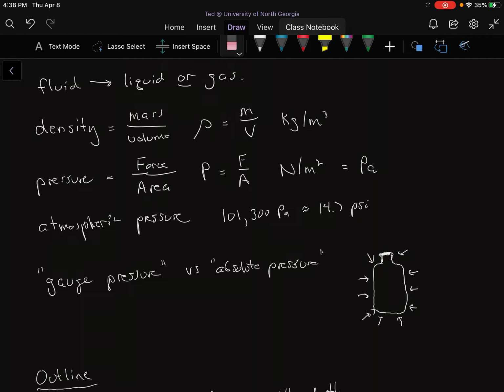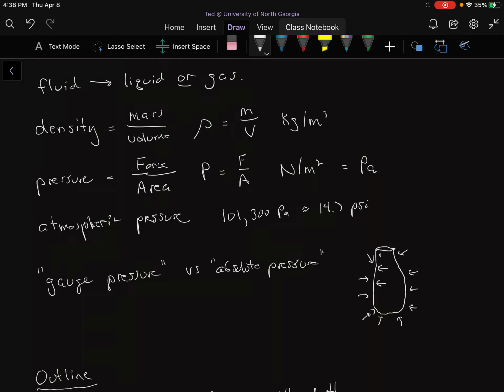And the last thing I want to talk about as a definition is the idea of gauge pressure versus absolute pressure. Now, let's go back to opening this little container so that we've got air on the inside and air on the outside.